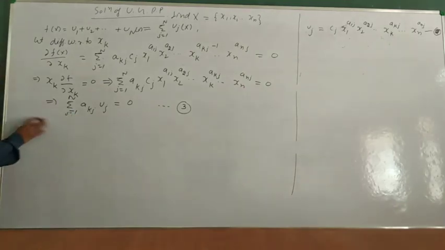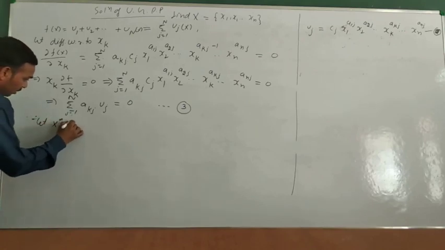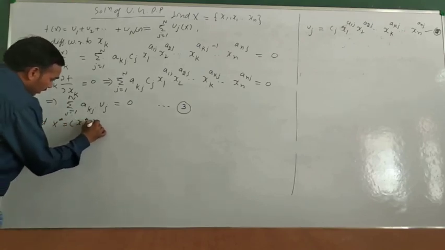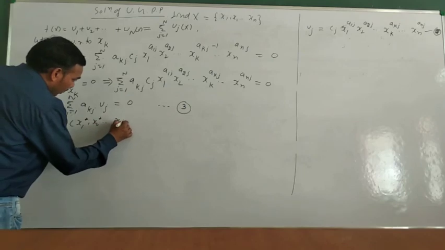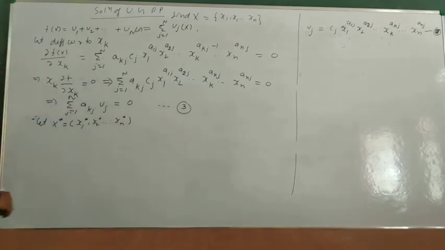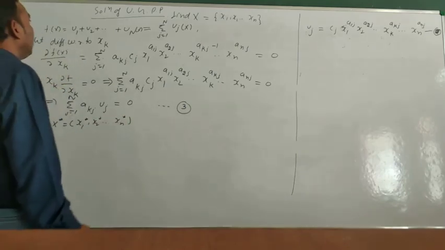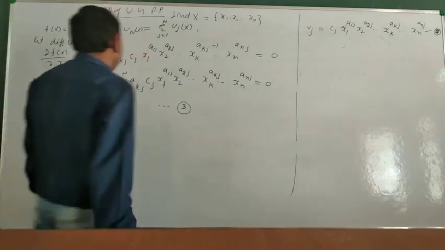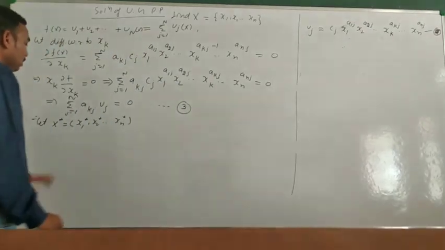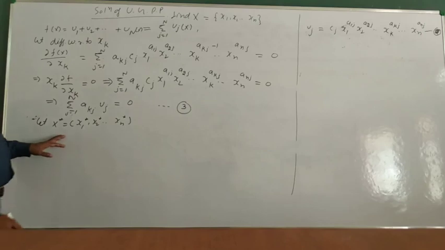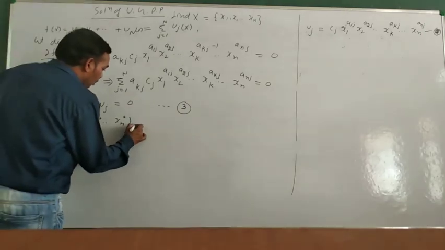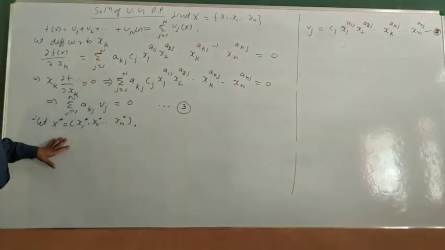Here let x star, (x1 star, x2 star up to xn star), be the solution of the given problem, meaning it minimizes the objective function f(x).